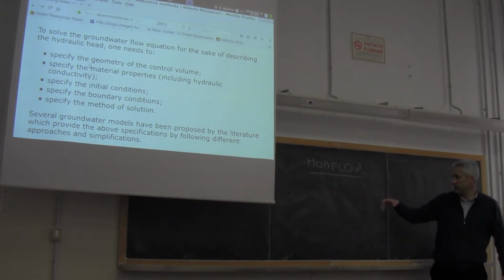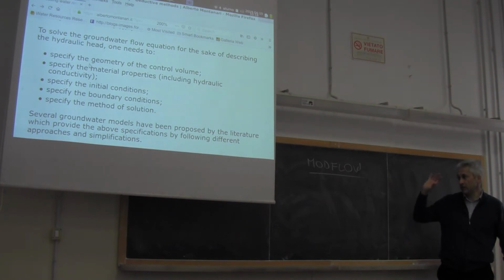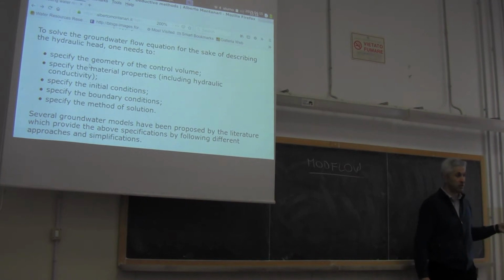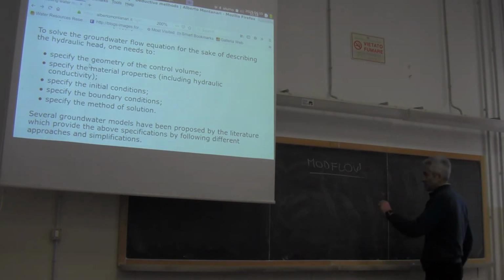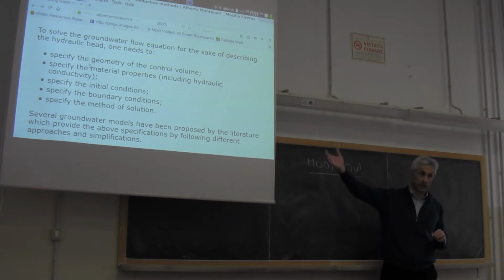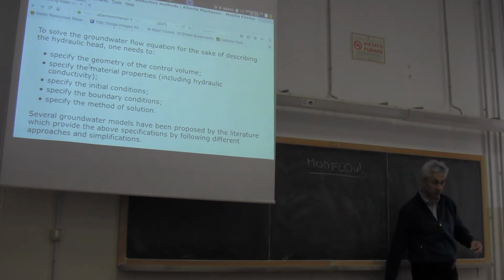But I am very interested, so I think I will try an application in the future, because it's indeed a model that is largely used also by institutional agencies, governmental agencies, by professional engineers. It's not difficult to use. And it's based on the integration of the groundwater flow equation with some possible simplification of the problem.